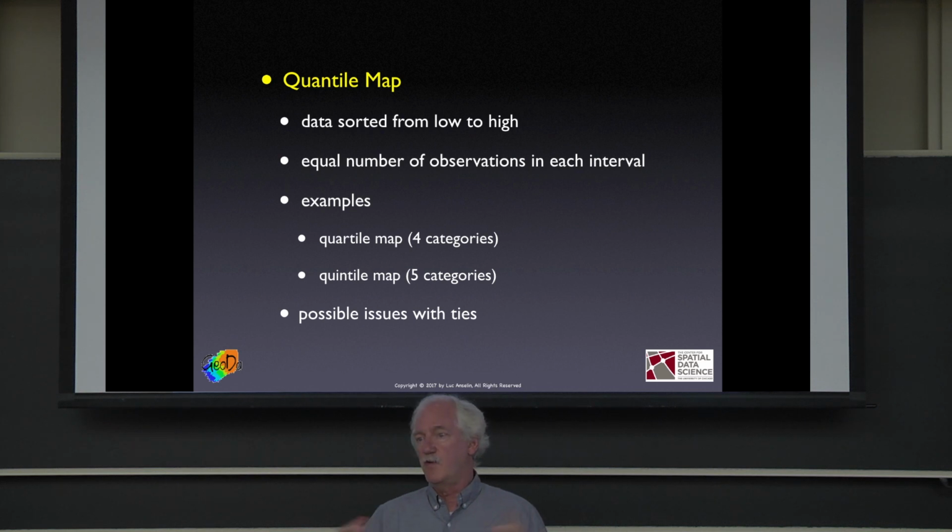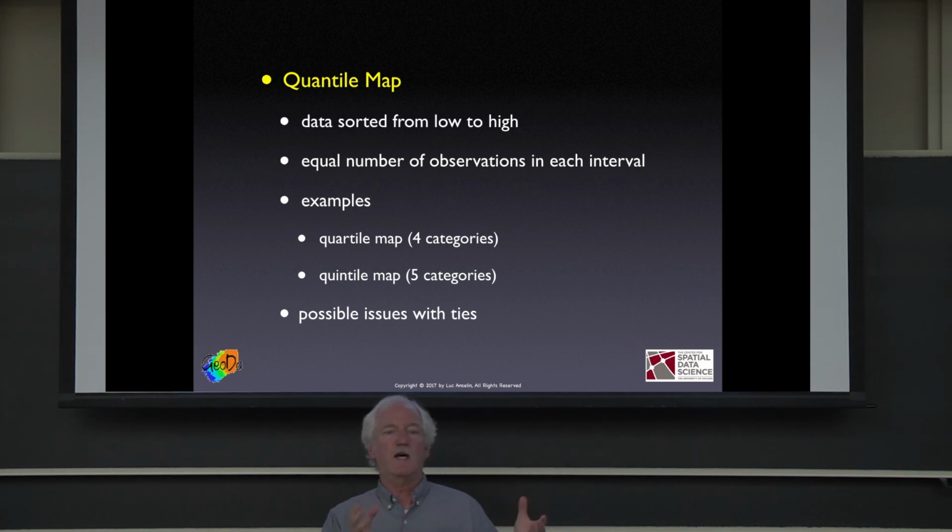If you make a quintile map, 20% of the data, and 30% of the observations have 0 as their value, your 20% cutoff cannot be decided. So the lowest quintile might have no observations in it, and then the second one might have twice as many in it as it should.